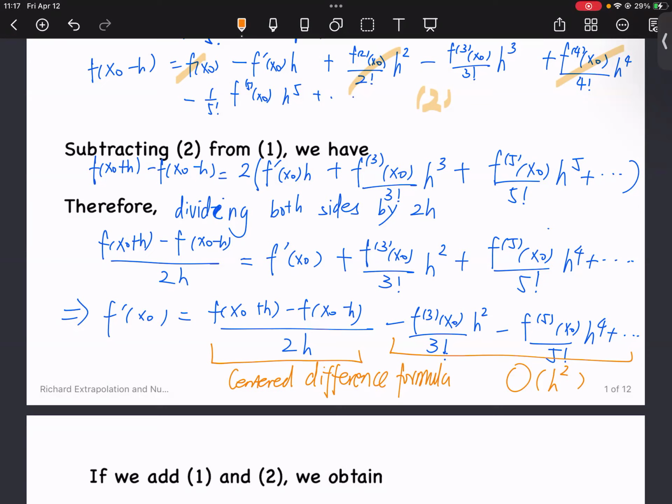If you take the step size h equal to 0.1, then this is 10 to the negative 2, and then 10 to the negative 4, then 10 to the negative 6, and they are way smaller than 10 to the negative 2. So we can just keep the dominant terms to say our error is around this size. Any questions here? Why do we skip everything after it?